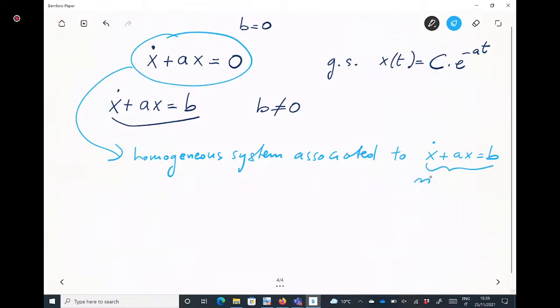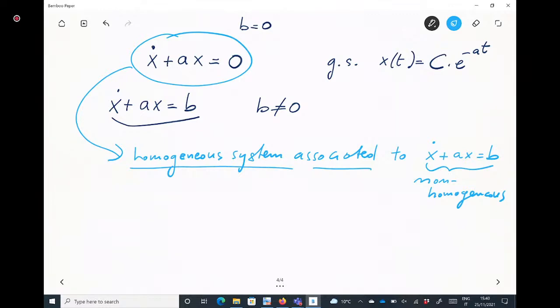This is non-homogeneous. Non-homogeneous means that the right-hand side is not 0, okay? Homogeneous means that the right-hand side is 0. If we start from this one, and we consider this one, we don't consider B, we consider 0, we are dealing with the homogeneous system associated to x dot plus ax equal to B, which is instead non-homogeneous, okay? Sometimes we say the associated homogeneous system. So you know what I mean, okay?